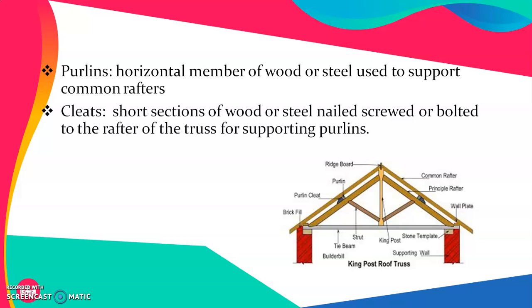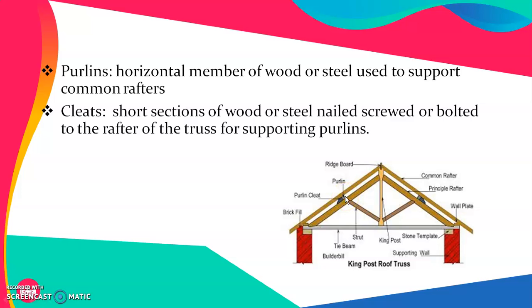Purlins, horizontal members of wood or steel used to support common rafters, are called purlins. Well, cleats are the short sections of wood or steel nailed, screwed or bolted to the rafter of the truss for supporting the purlin. So here you will find that this particular part represents the purlin.